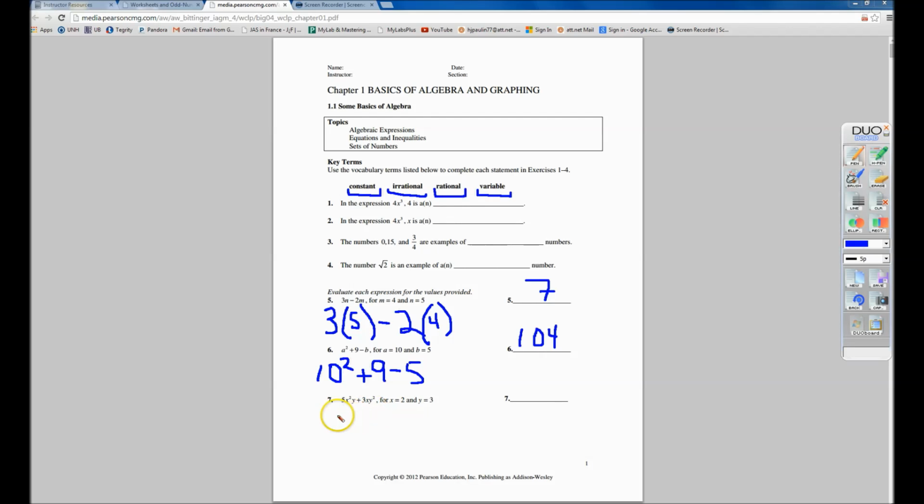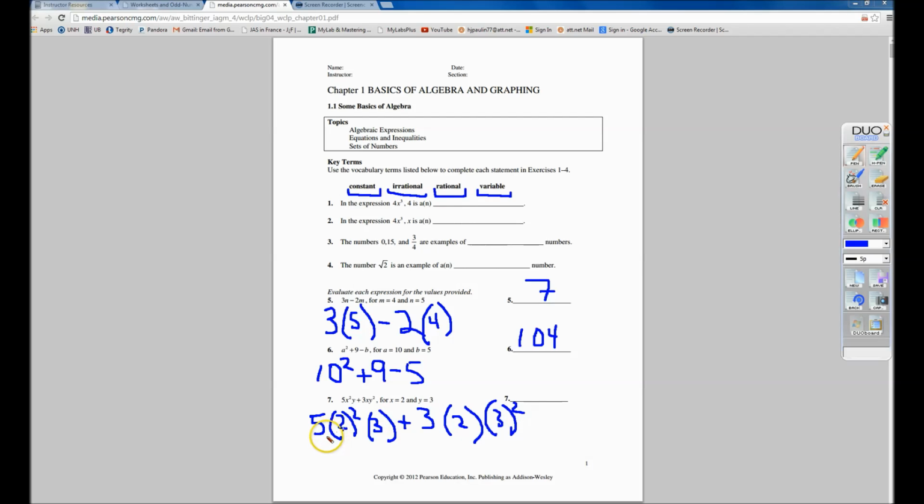And in this next one, it's a little more challenging. Here we have x is 2 and y is 3. So we're going to have 5 times 2 squared times 3 plus 3 times 2 times 3, that's squared.